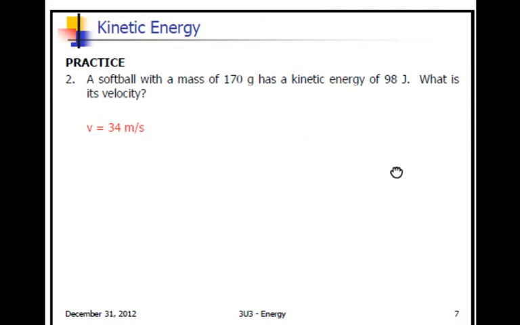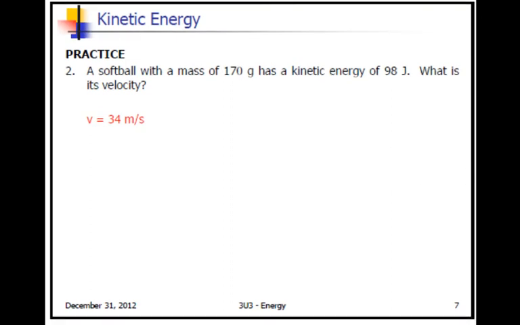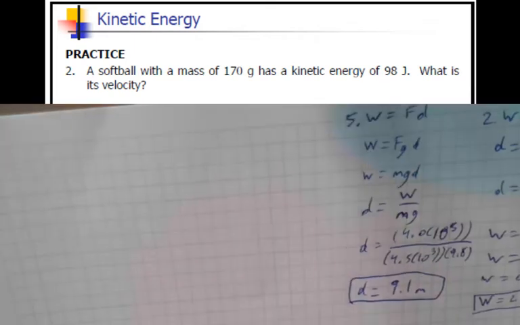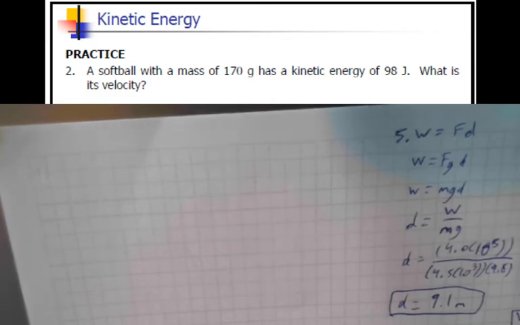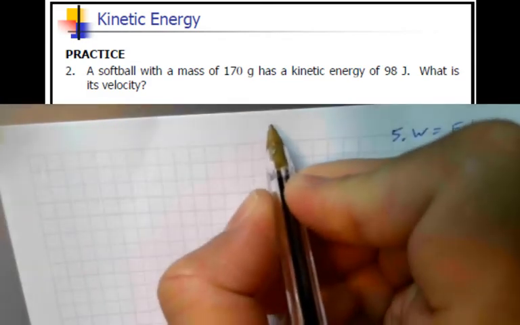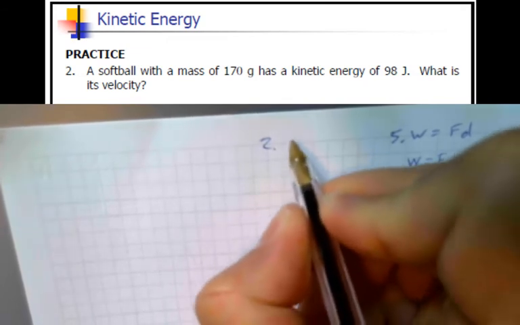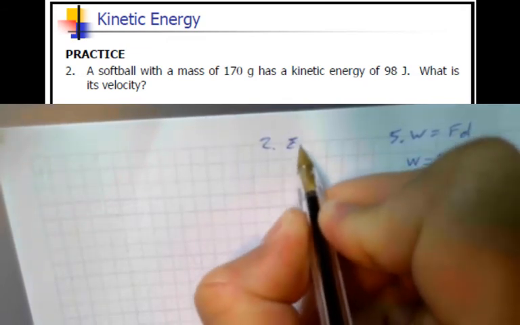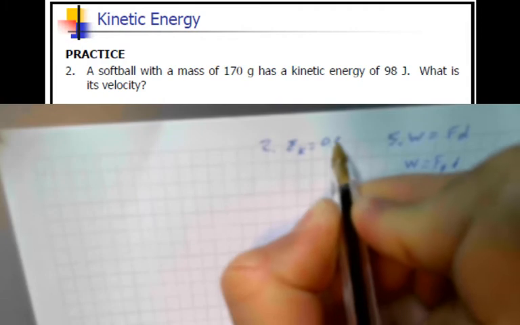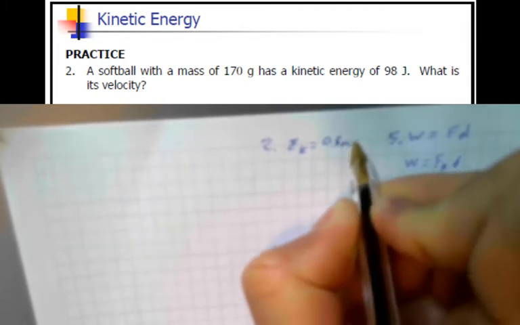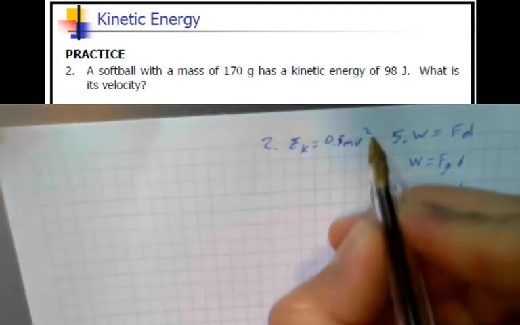A softball with a mass of 170 grams has a kinetic energy of 98 joules. What is its velocity? Let's work this one out on paper, because we're going to rearrange the equation. We know that the kinetic energy is equal to 0.5 mv squared. We need to find the velocity.